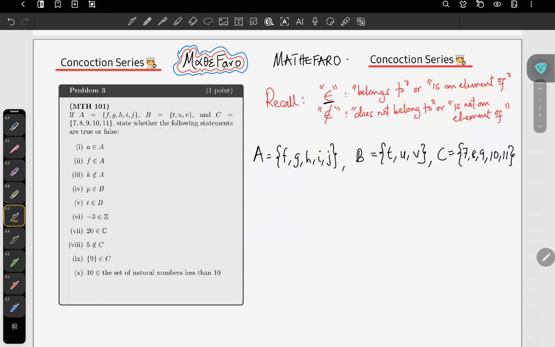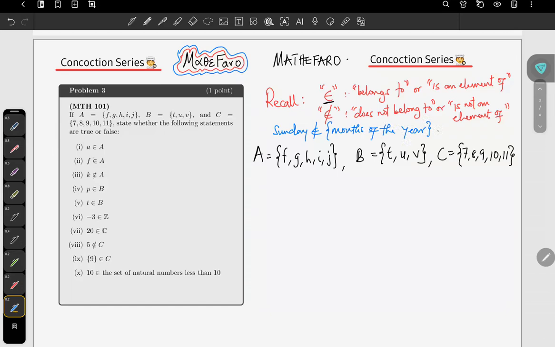So for instance, we could have something like Sunday is not an element of the set of the months of the year.